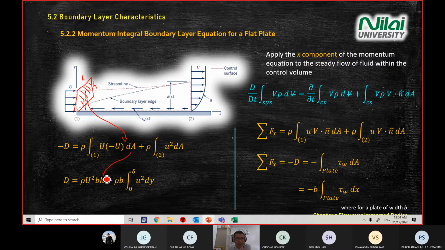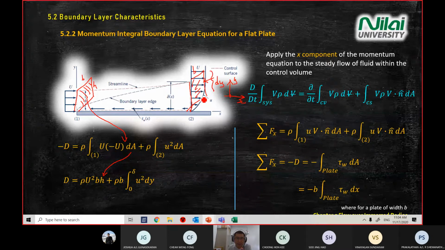So you get rho U squared B H. And then for this one, you change your dA to B dy, because we do not know the height, so we just use dy because it's in the y direction. From here to here is dy, and we have the B to get the area. So we summarize: dy B, because B is a constant value, we pull it out, so we further reduce this equation to this equation.